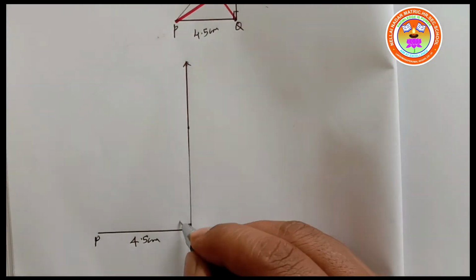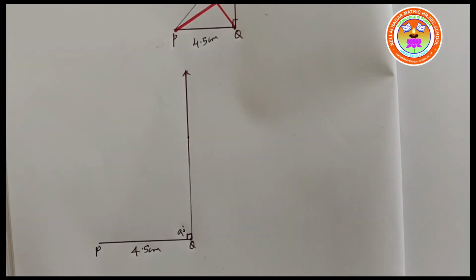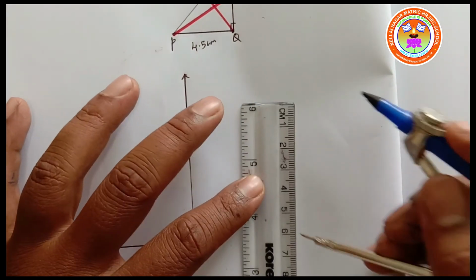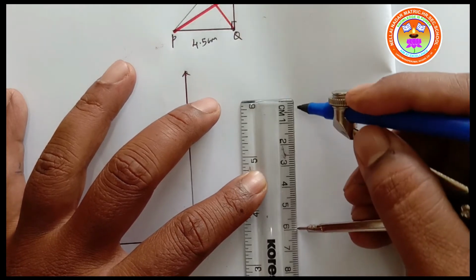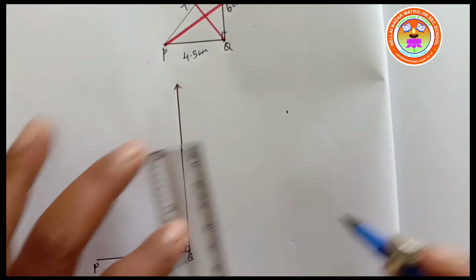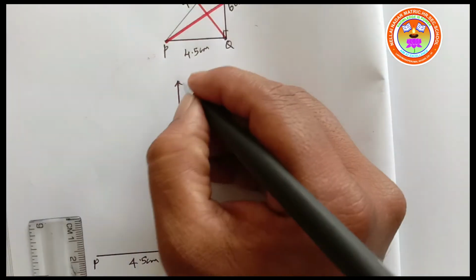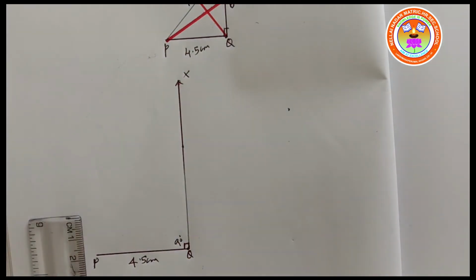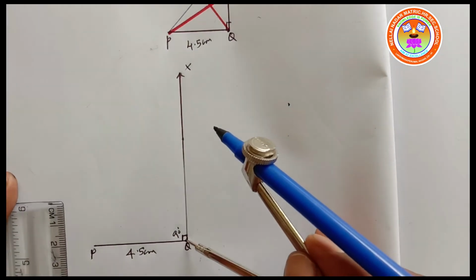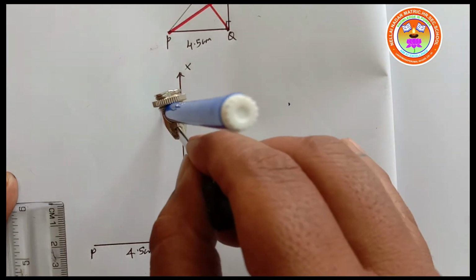Now Q as center, take radius 6 centimeter, cut an arc. You are going to take 6 centimeter as radius and you are going to cut an arc. So this one is X, this line QX. Cut at QX 6 centimeter.